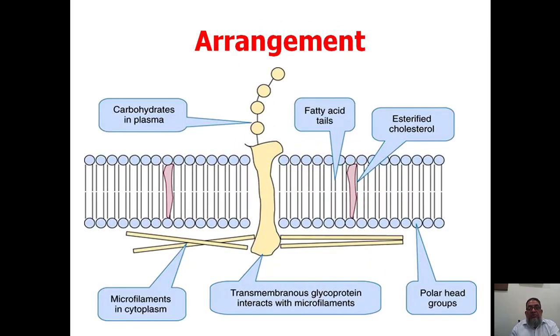What is the arrangement? Now in this diagram you see the arrangement of the macromolecules. Look, these are the hydrophilic heads of a phospholipid, and these are the fatty acid chains. The tails face each other within the cell membrane.